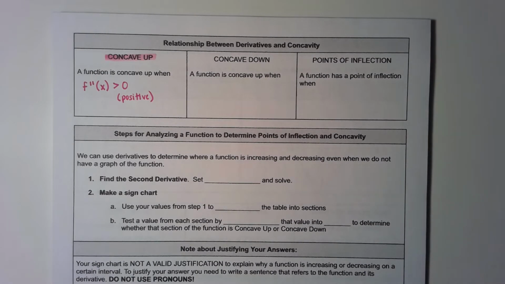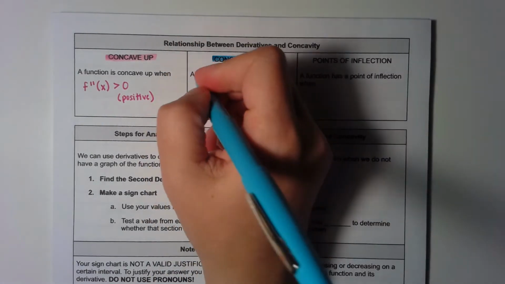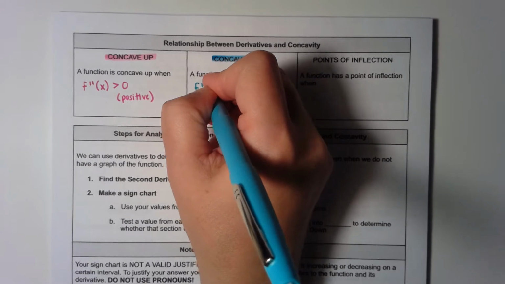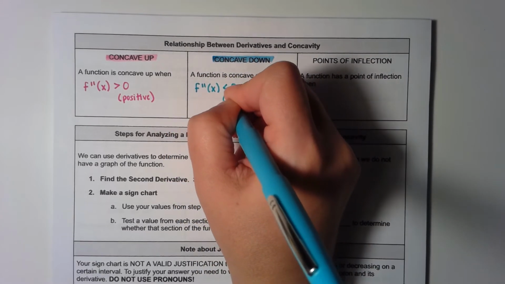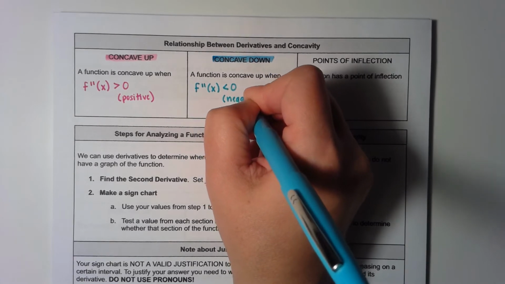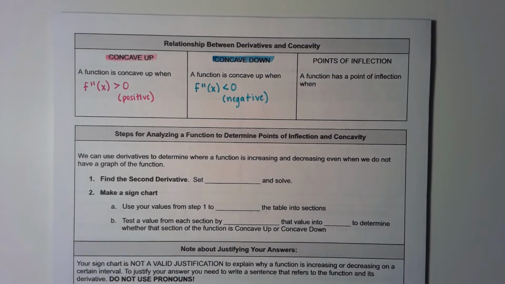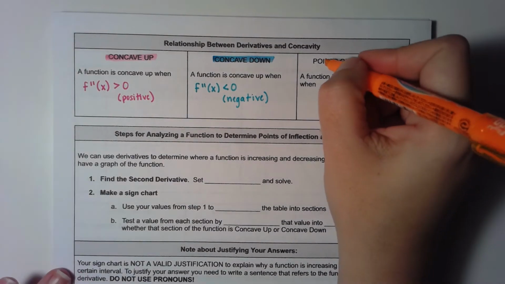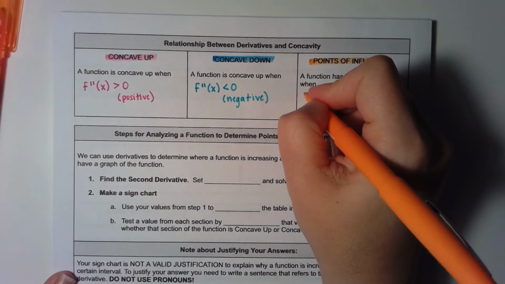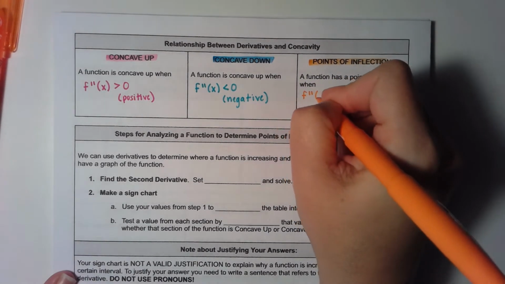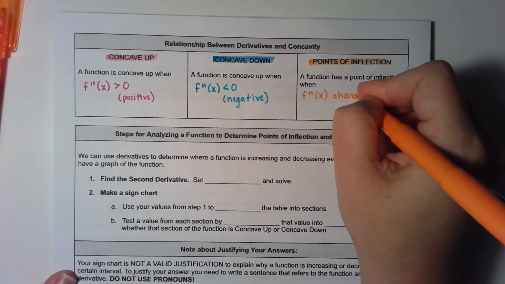A function is going to be concave down when the second derivative is less than 0, which means, in other words, it's negative. And a point of inflection is going to occur when the second derivative changes signs.